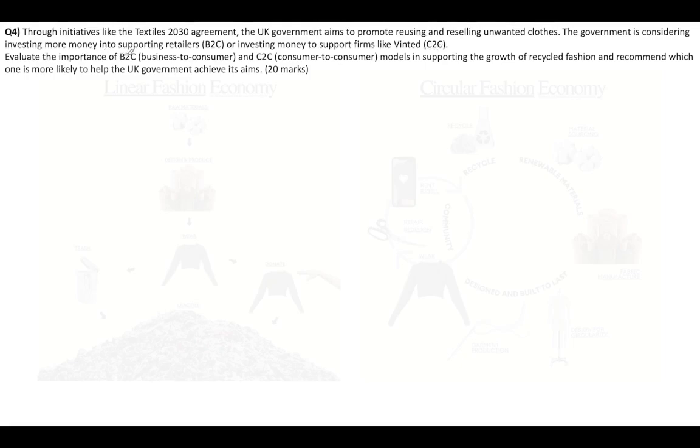Evaluate the importance of B2C, business to consumer, and C2C, consumer to consumer models in supporting the growth of recycled fashion, and recommend which one is more likely to help the government achieve its aims. So the aims are to promote reuse up here. We have got more likely.